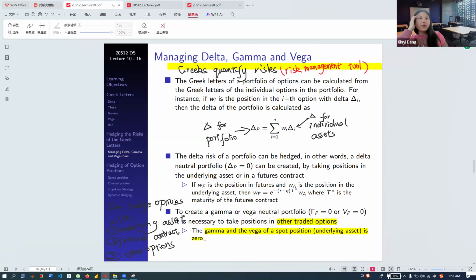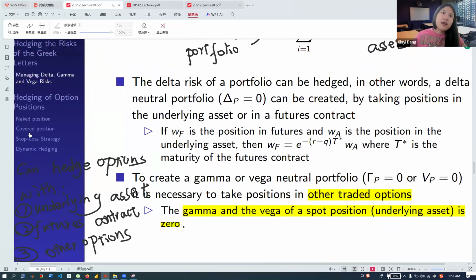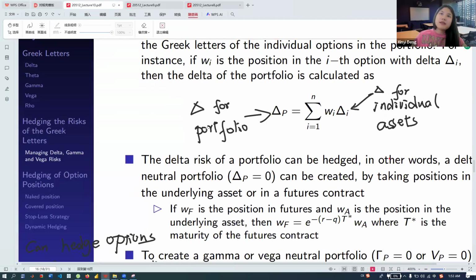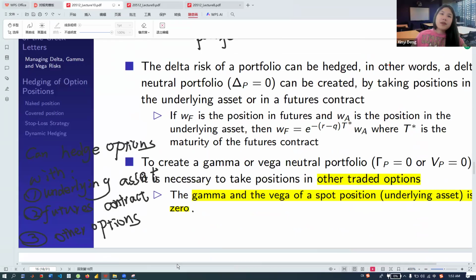Since delta neutral just means that delta P is equal to 0, we can utilize different types of assets to hedge our option to ensure that delta P is equal to 0 if we combine the option with that asset.